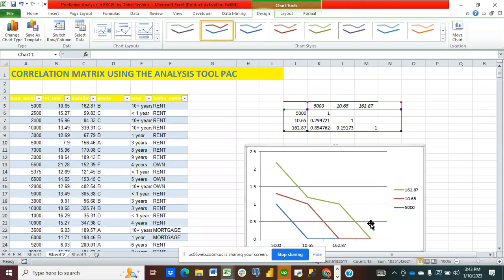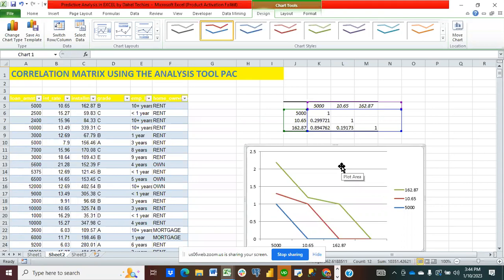Now, before I even proceed, what did you see? What did you notice about this correlation matrix? Looking at the graph, the first one is the loan amount, right? Loan amount is the base, and the interest rate.